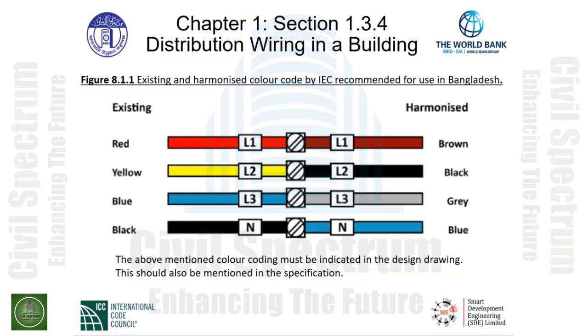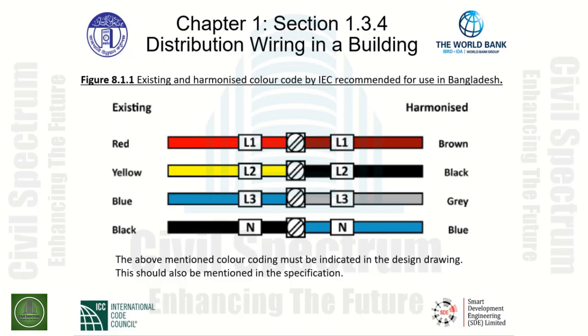Harmonized now, current colors administered by IEC standards in Bangladesh must be L1 brown color, L2 black color, L3 gray color, and the neutral now is blue color. And again, the above mentioned color coding must be indicated in the design drawing. And this should also be mentioned in the specification.